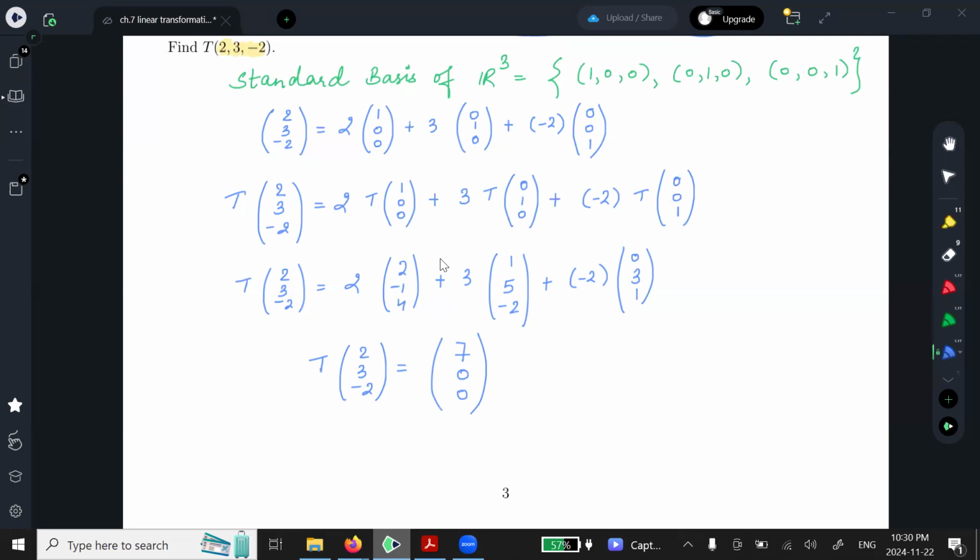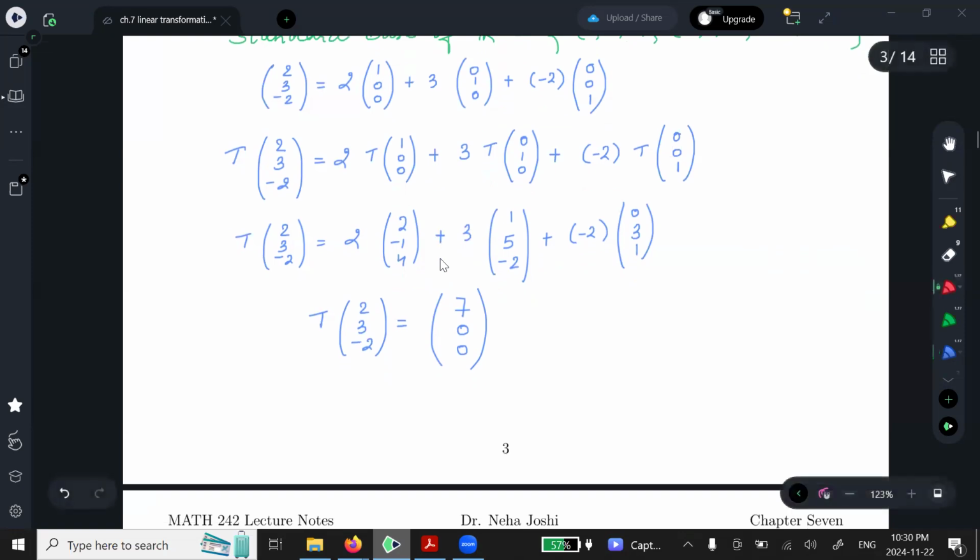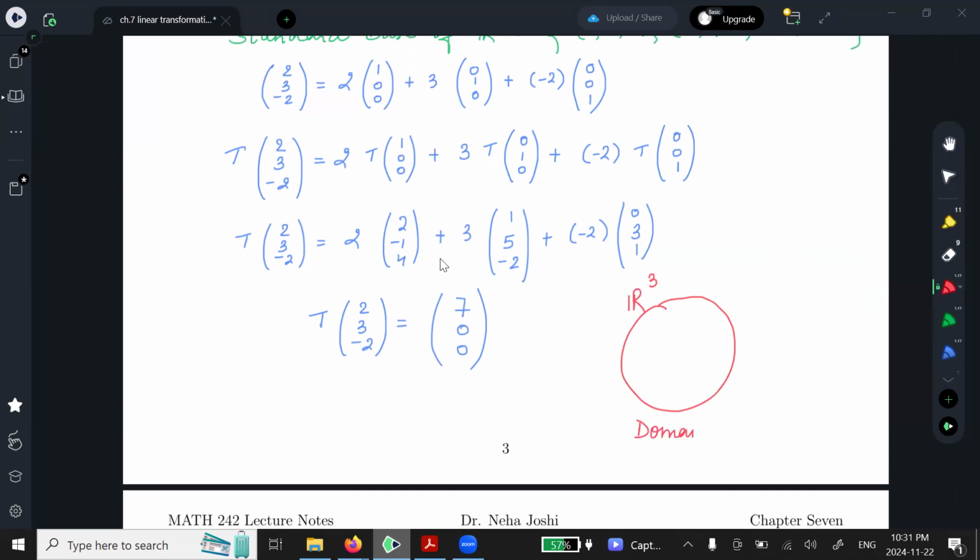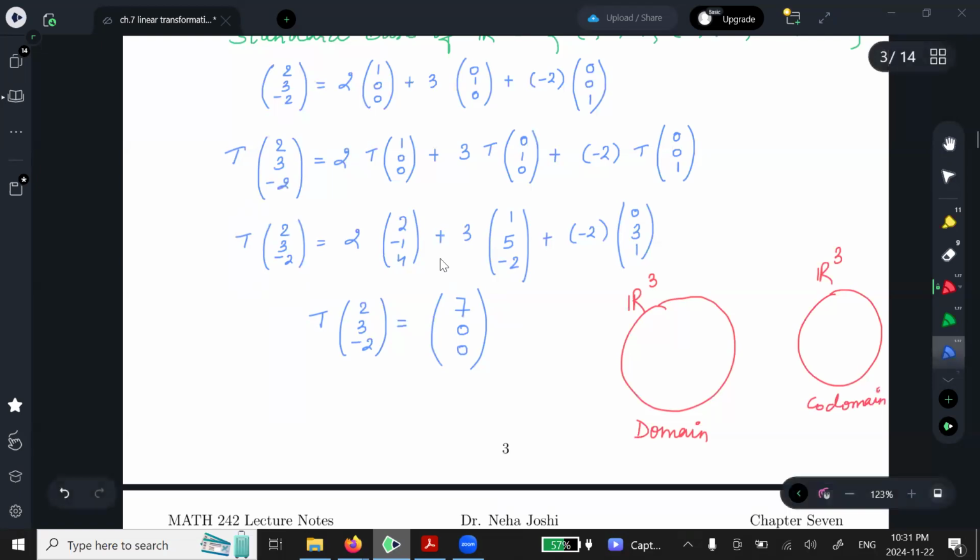And this is it. What it's telling me is that the linear transformation took a vector from R3, which was my domain, and finds its image in R3, which was the codomain. And what it means is that the vector 2, 3, -2 under the mapping T is mapped to 7, 0, 0.